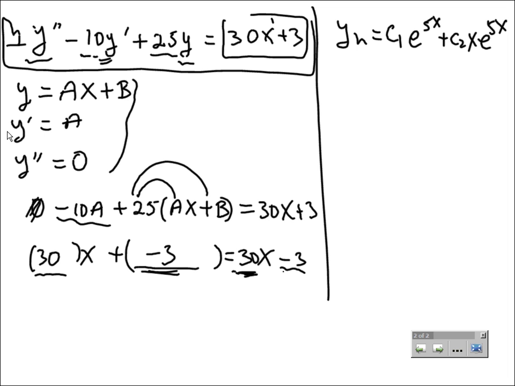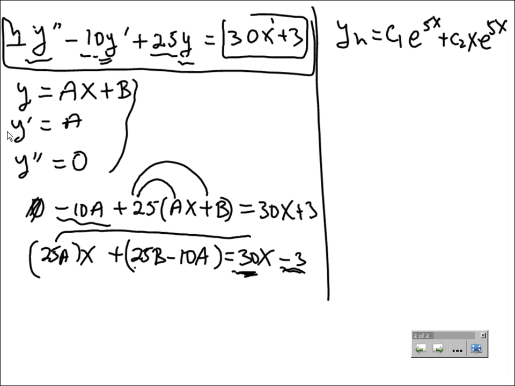Whatever goes in here must equal the constant, which is 3. So in here we have 25a x's, and we have 25b's minus 10a's. And we equate them. 25a must be 30. And this mess must equal 3.